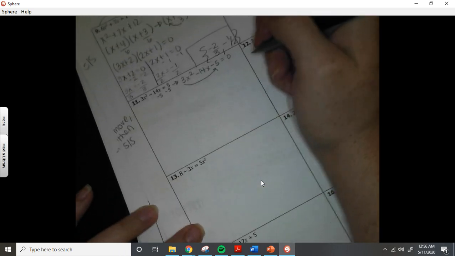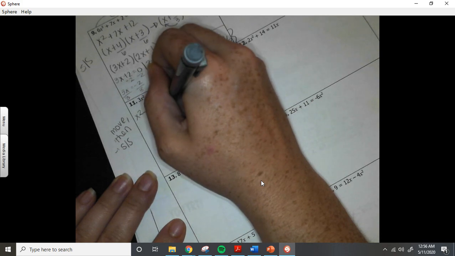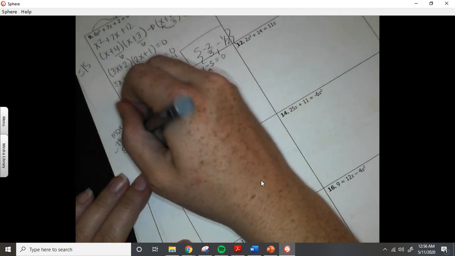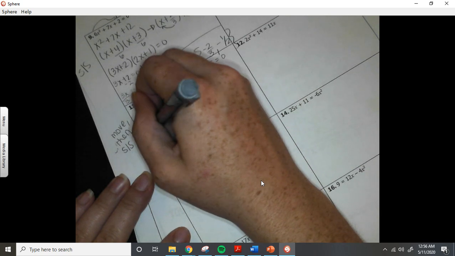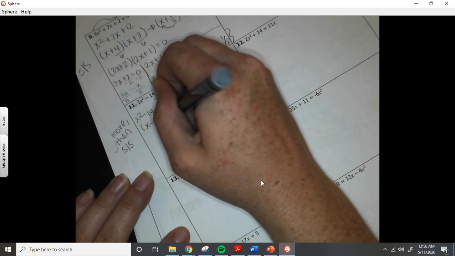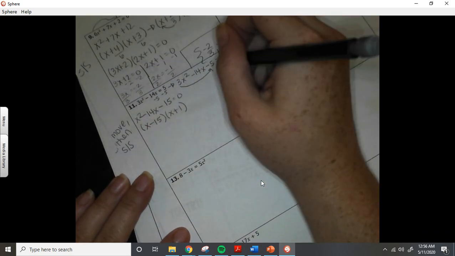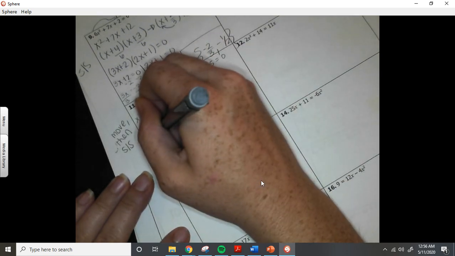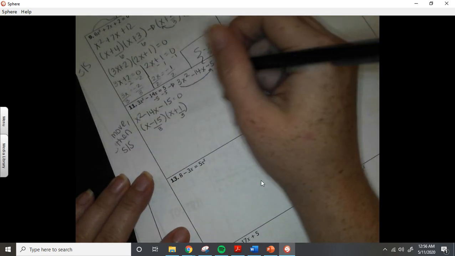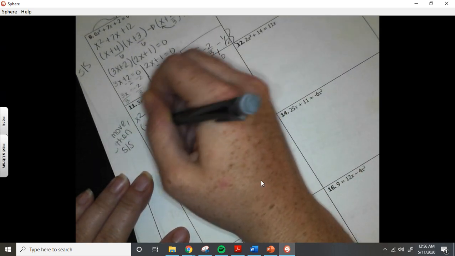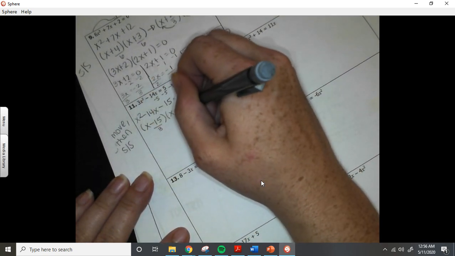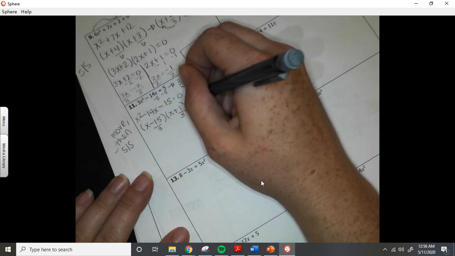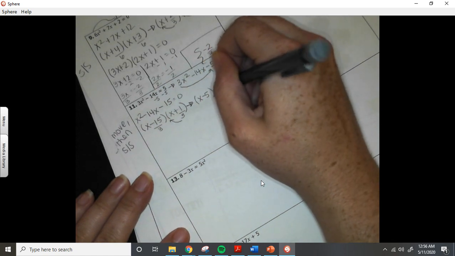Okay, we slipped a 3, so we've got x squared minus 14x minus 15. So x minus 15, x plus 1, and then we slipped a 3, so we're going to divide both sides by 3, and this now becomes x minus 5 times 3x plus 1.